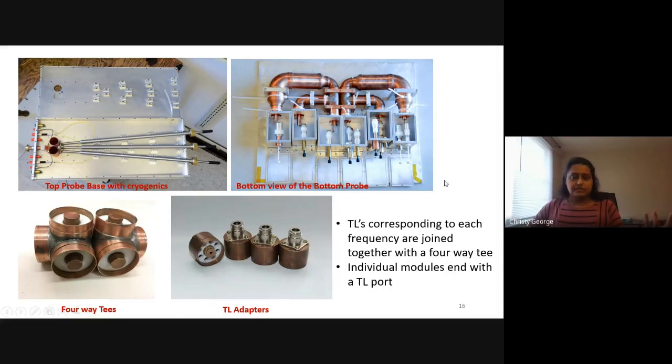How do we connect this to a probe? So we have developed a transmission line adapter which has an N-type connector on one end and a transmission line on the other side. This part will mate with any part in the probe, and this side can be connected to the measurement devices.